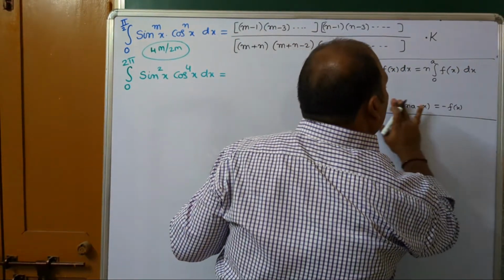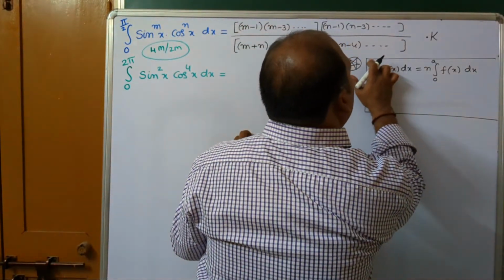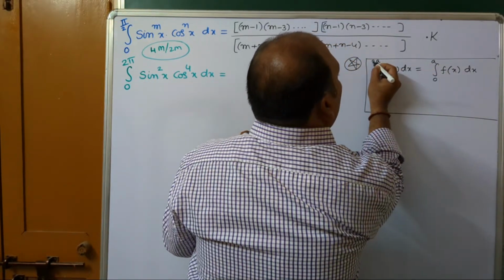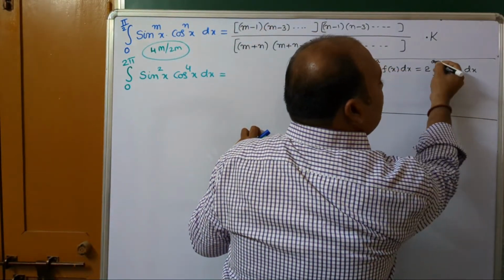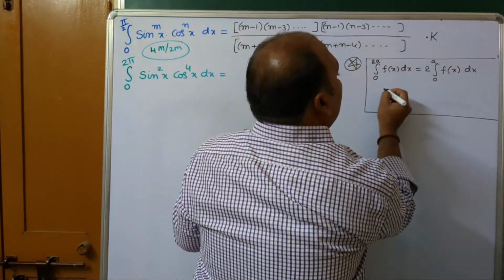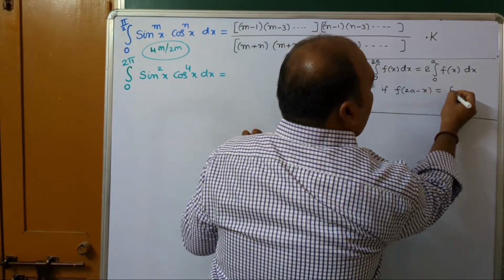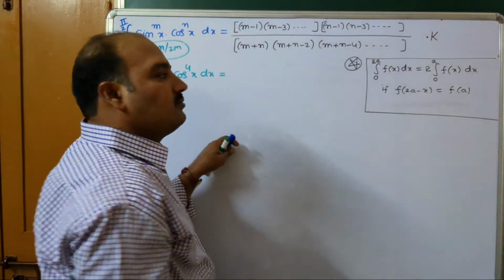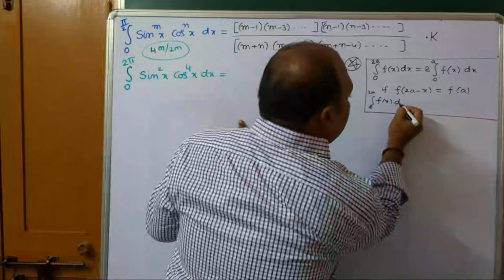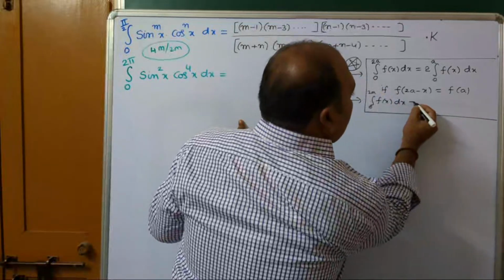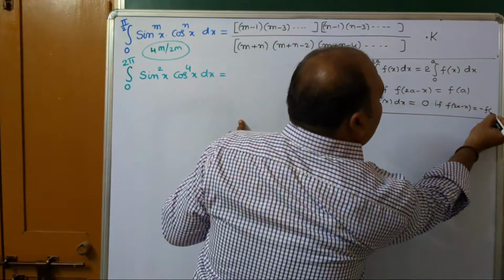Otherwise, one more formula I will suggest for you. Instead of this, you can take 2a now. Integral 0 to 2a f of x dx is 2 times integral 0 to a f of x dx if f of 2a minus x is equal to f of x, and it is 0 if f of 2a minus x is equal to minus f of x.